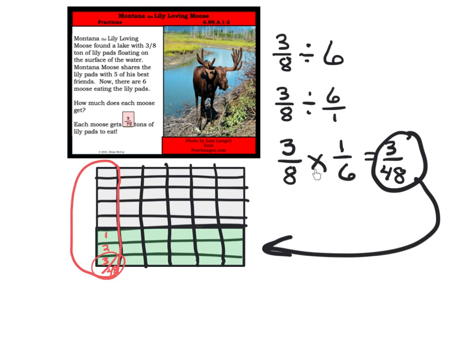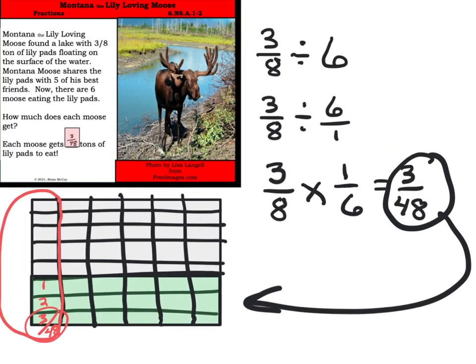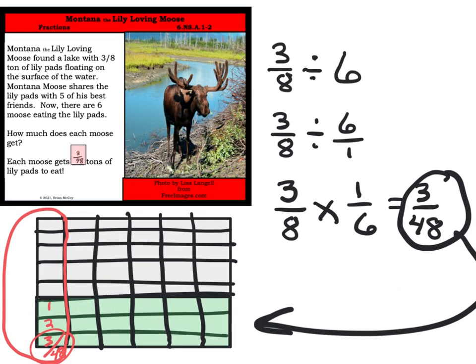So this is the strategy of multiply the reciprocal. You can also use the strategy of mountains and valleys. So I'm going to make a mountain here and multiply that. If you take 8 times 6, you'll get 48 for your denominator. So 48 right here.